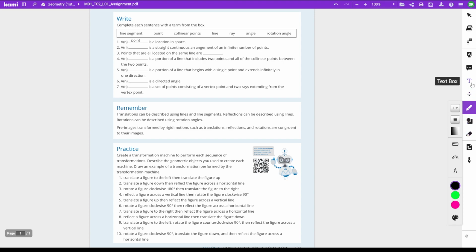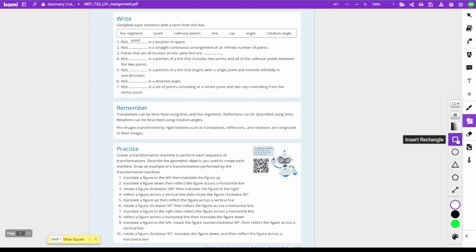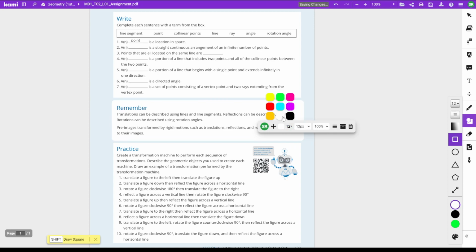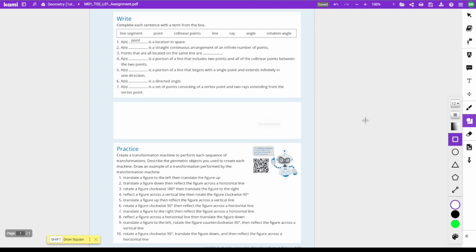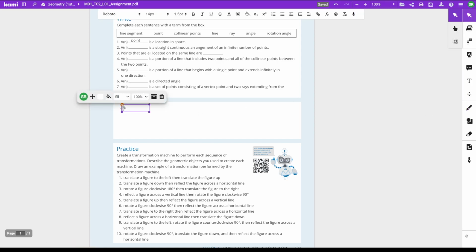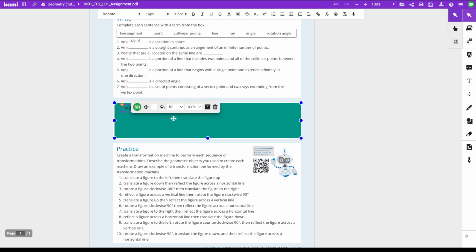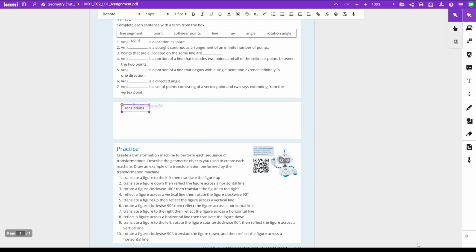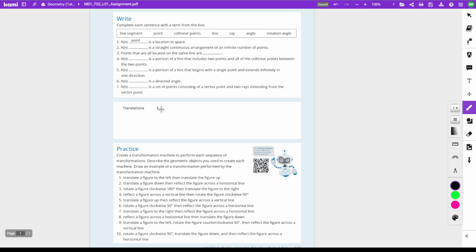Okay, so let me get a blank space here. I want to make this white. Okay, all right, so now for translations, I want us to use line segments.